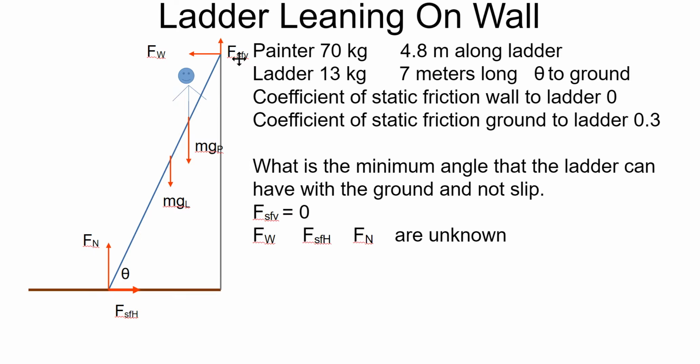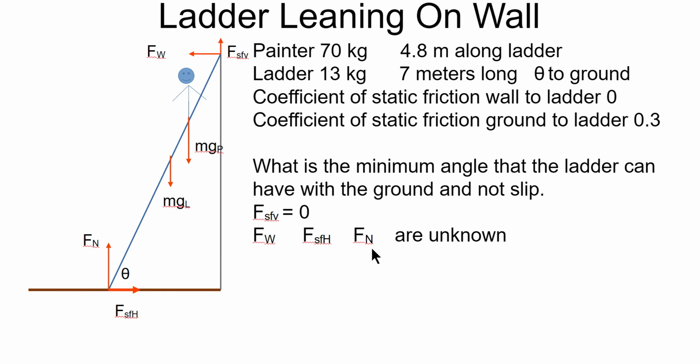Well, in the wording of the problem, it said that the coefficient of static friction of the wall is 0. So in the future diagrams, you won't see this force arrow present. It simplifies the problem, and we're going to work it that way. We have S_V equals 0, and I'll eliminate that in future slides.